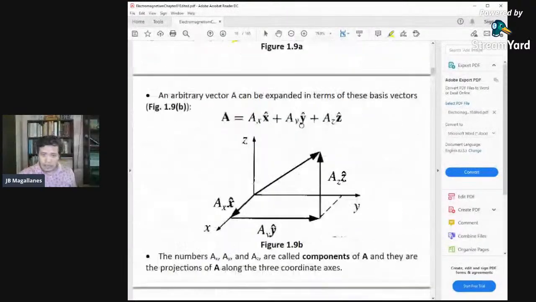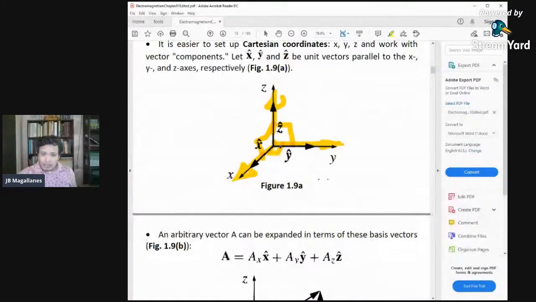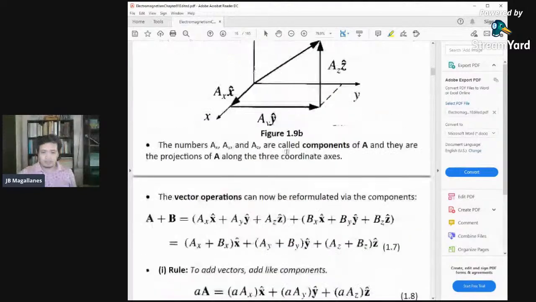In the Cartesian plane, x hat would always be in this direction. It's constant, so if you take the derivative of a constant, it's always 0. There are other coordinate systems which have non-constant directions, but in Cartesian coordinates you have constant unit vectors.